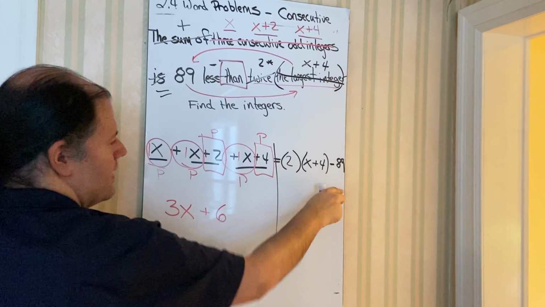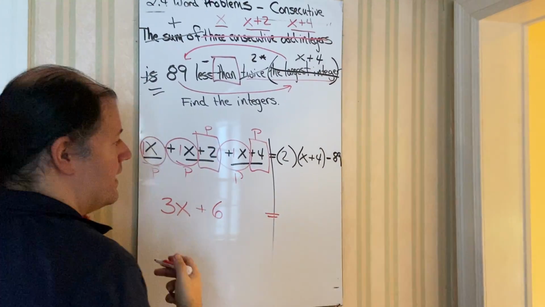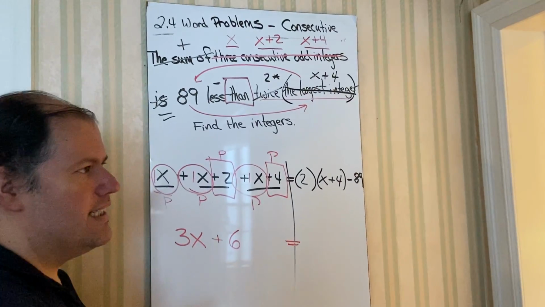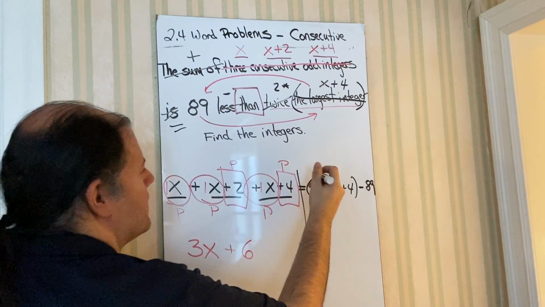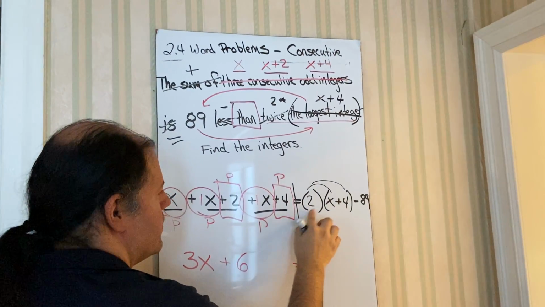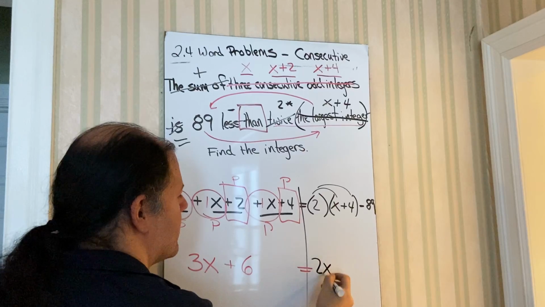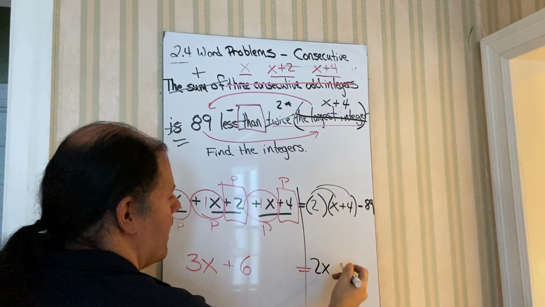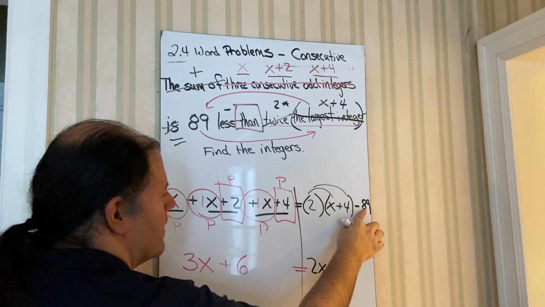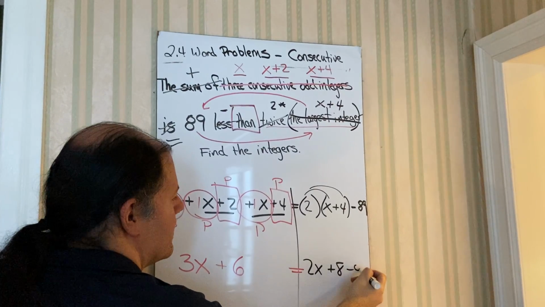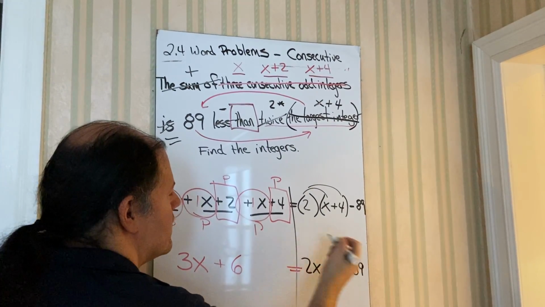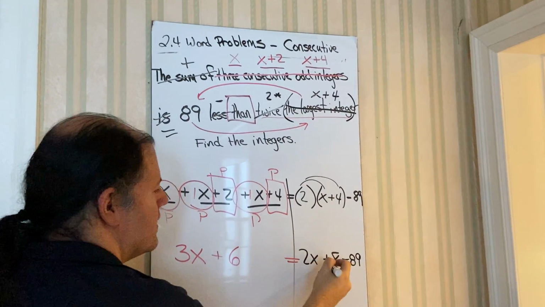Let's focus on this side. Do we have any parentheses? Yes. So you have to get rid of these parentheses first. So 2 times x, 2x. 2 times 4, 8. This is outside the parentheses, so bring it down. Do you have any like terms?